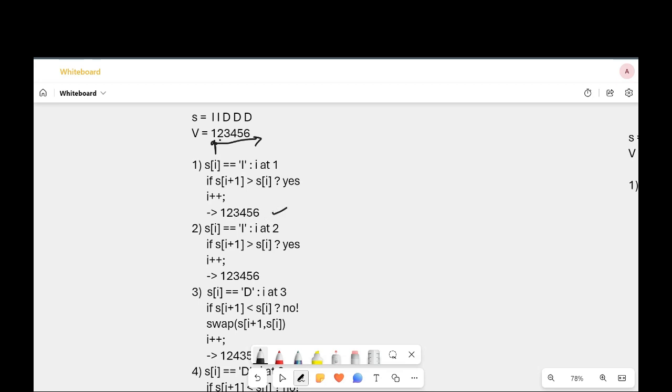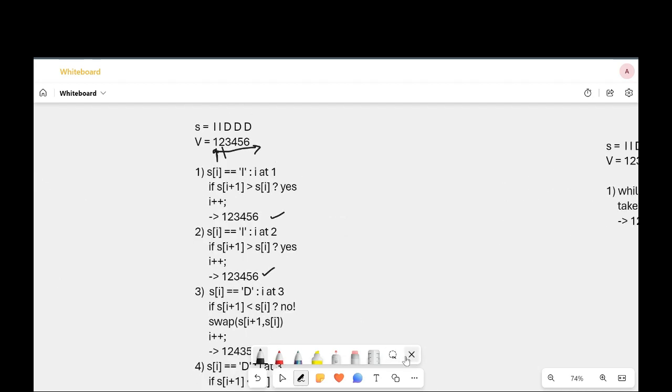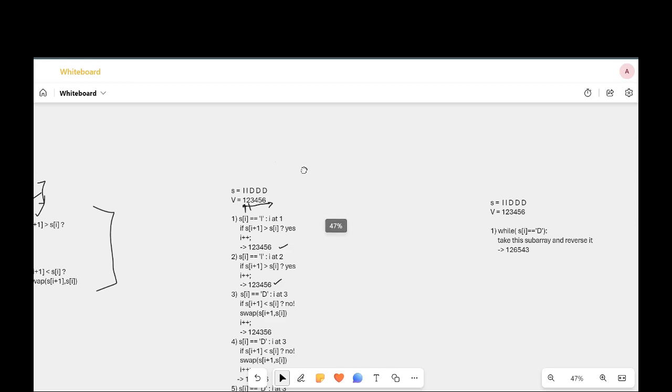Then again i plus plus, that means my pointer is pointing at 2. Now we check again if we have increasing order. At 2, we check if i plus 1 is greater than s of i. Is 3 greater than 2? Yes, it is true. So we can just increment the pointer, and we get the current answer till now as 1 2 3 4 5 6.